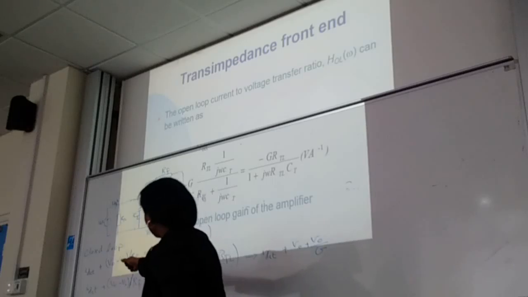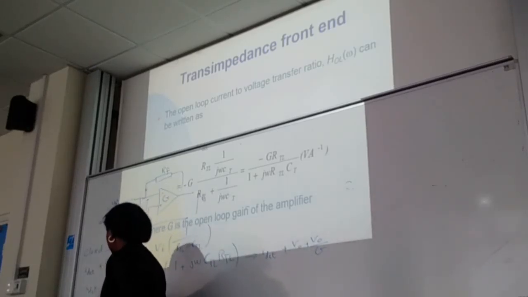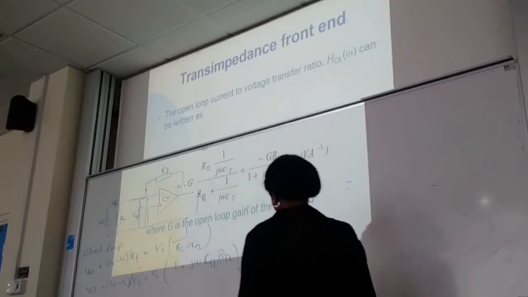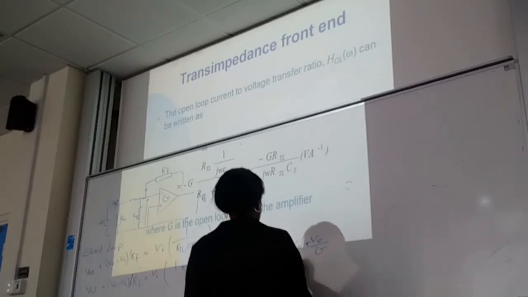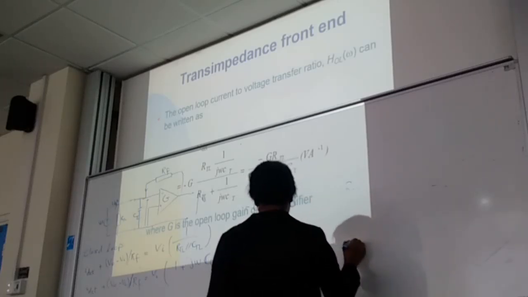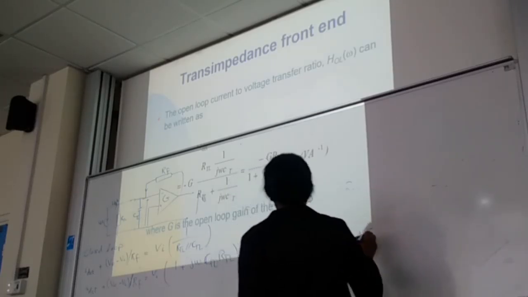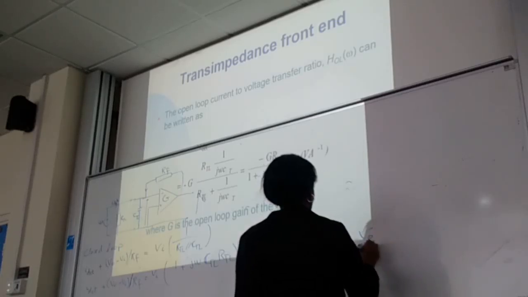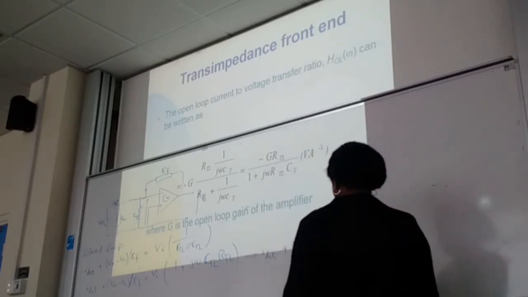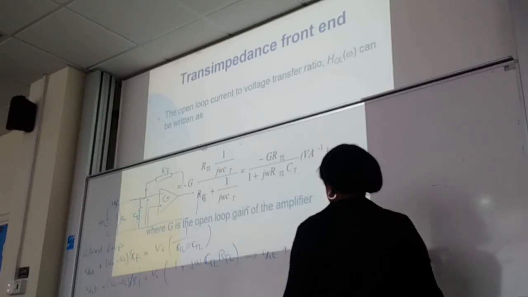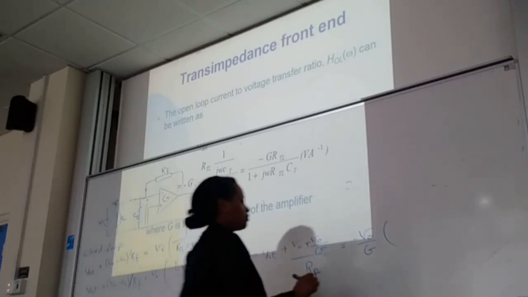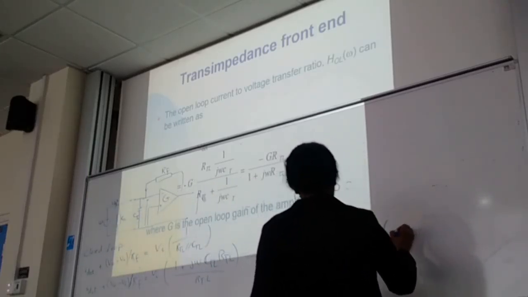Just replace V minus V in with V out over G. There was a minus here. So all of this is over R. And on this side, we can replace V in also by V out over G, and then we can rearrange things.